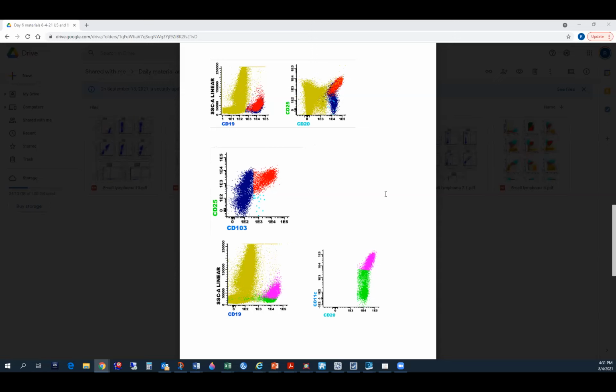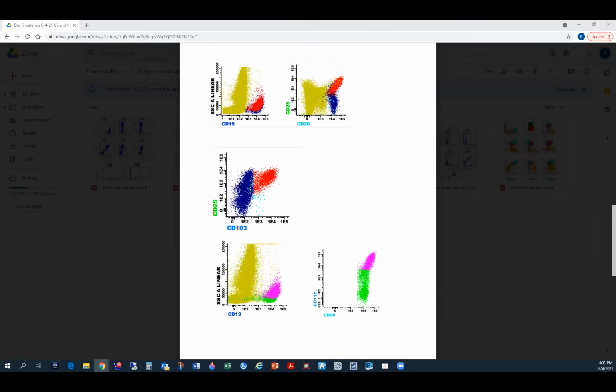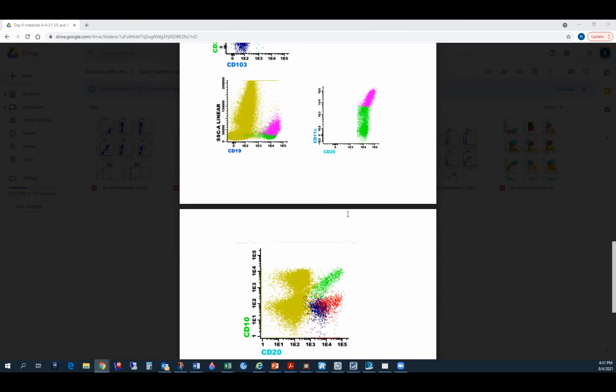Yeah, you are right. You are seeing 3, and I don't have an explanation for that. I do see that here too. We see both the blue and the red population here. We know that this particular population are not hairy cells. I don't know if the 10 positive cells are co-expressing that, because the 10 was a separate tube.